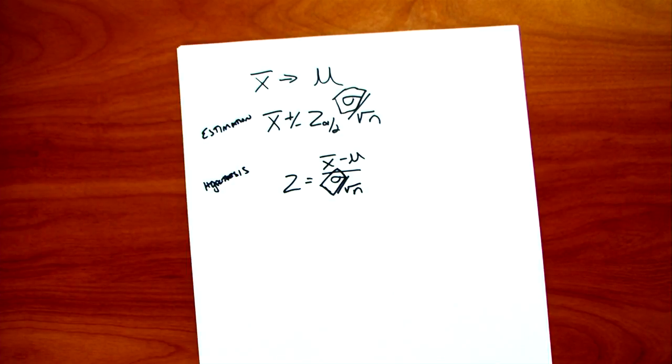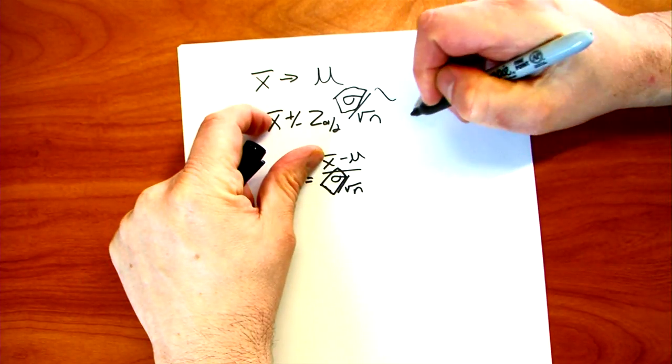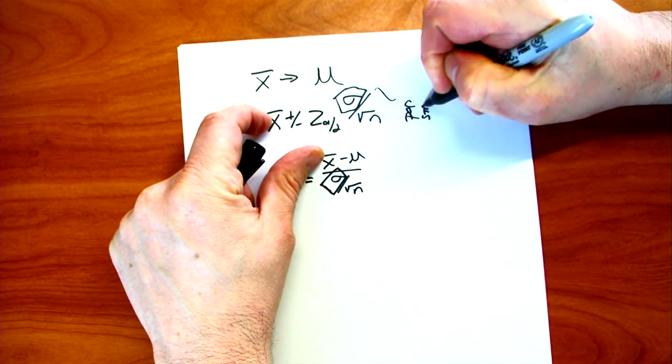You guys remember? Sigma? What standard deviation is that? Is that the sample standard deviation or the population standard deviation? It is, I will tell you this, it is the population standard deviation.